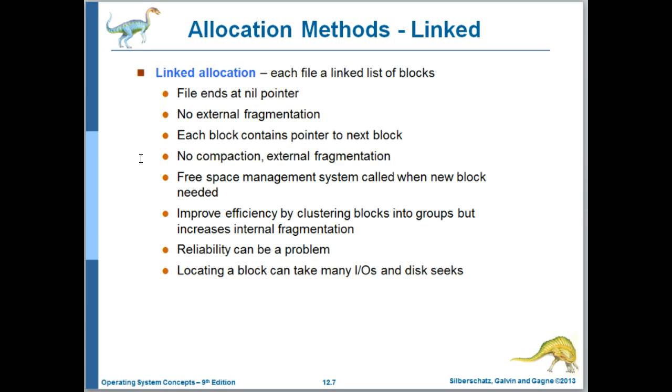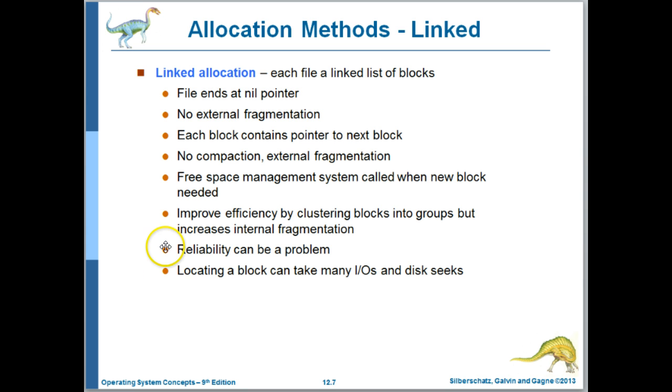We might want to perform compaction for efficiency reasons, because now the blocks of a file can be spread out all over the disk, which implies that as we go to each next block, we might have to perform a seek each time, right? With this allocation scheme, it's not necessarily the case that all of the blocks of a file are within a single cylinder.